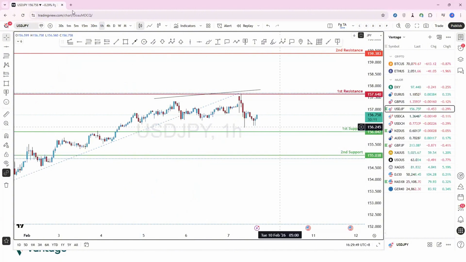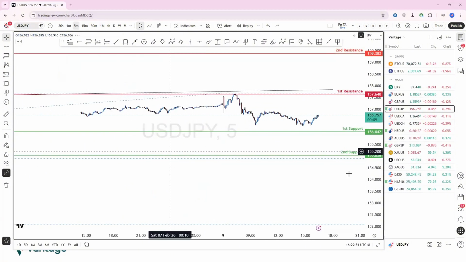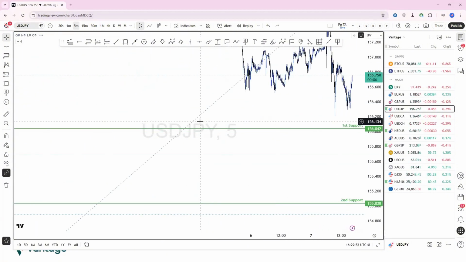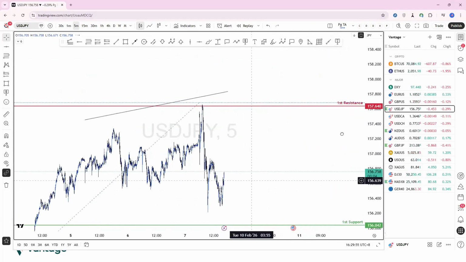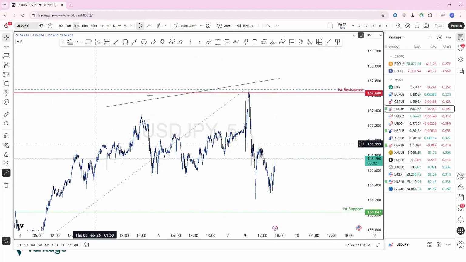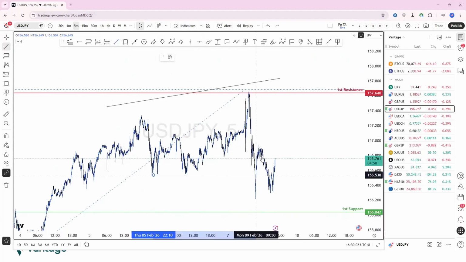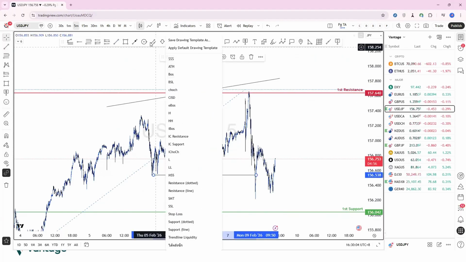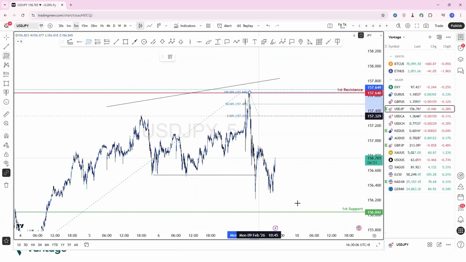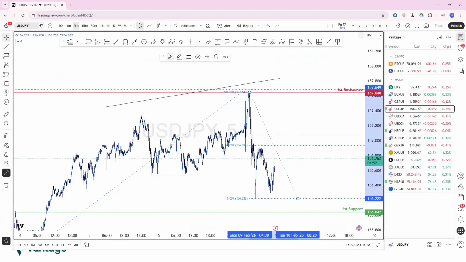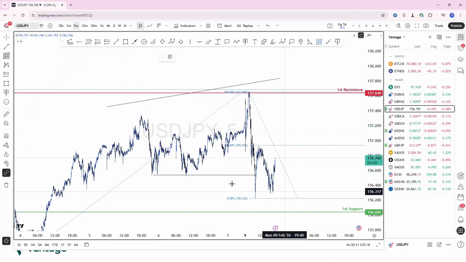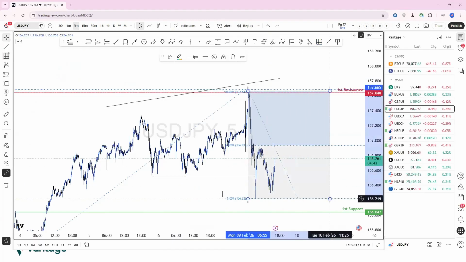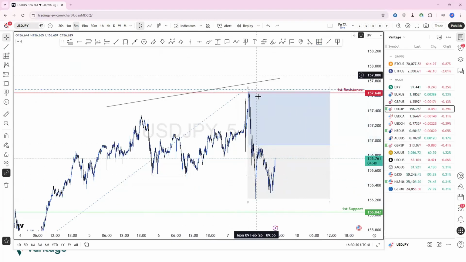If you want to sell, you can wait for price to pull back to at least how many?